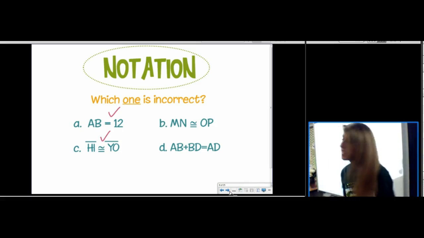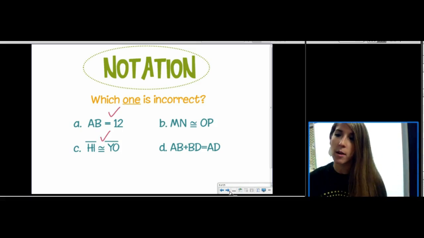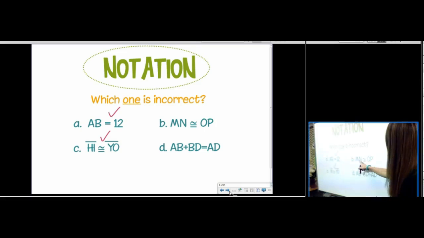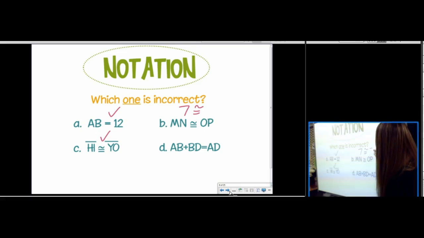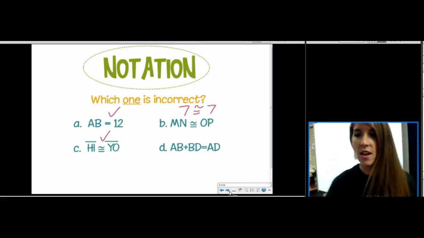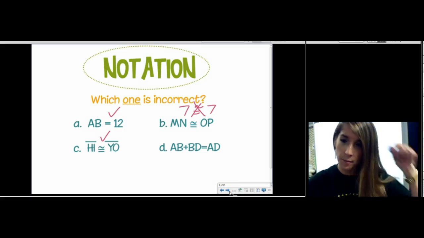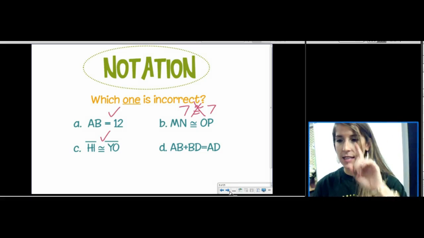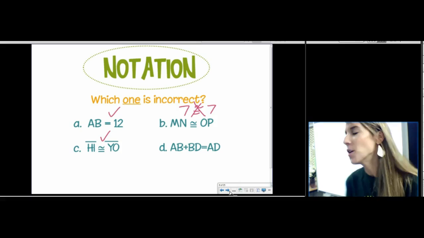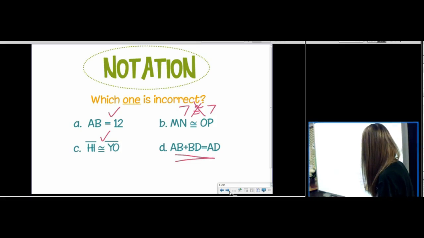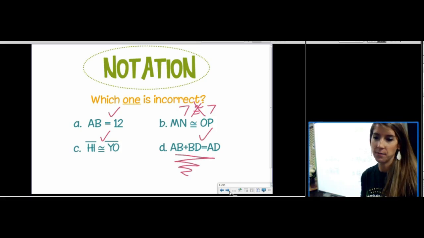That one's okay because they're segments. We put the little segment bar on top. This one says the distance from M to N is congruent to the distance from O to P. And numbers are not congruent. Okay? The last one says the length of AB plus the length of BD equals the length of AD, which is actually our lesson today, but that one's totally right.